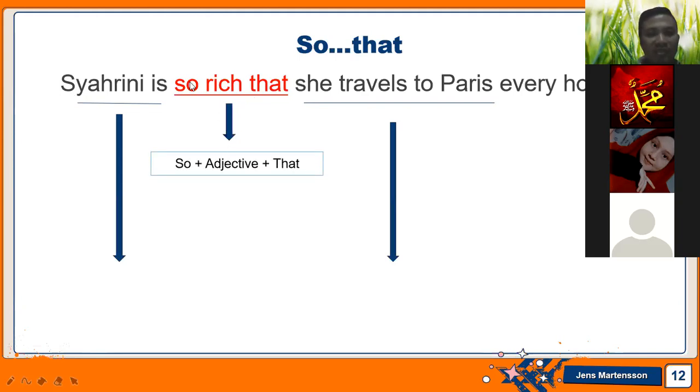So adjective, and that so rich is adjective, and then connected with that. So this Syahrini is so rich is called cause clause. Jadi kalimat yang penyebab, and then that she traveled to Paris every day is the effect clause. Kalimat efek, kalimat akibat. Bagaimana kita membentuknya? How do we form the sentence? Sama. Subject and verb. Harus ada subject and harus ada verb.